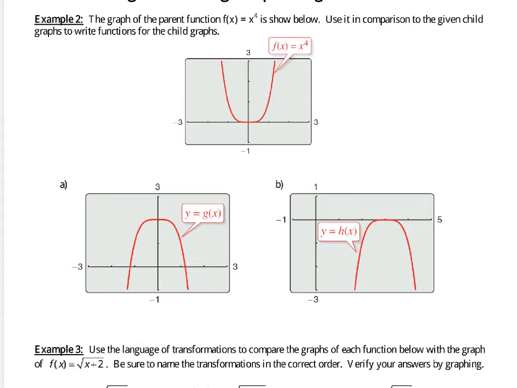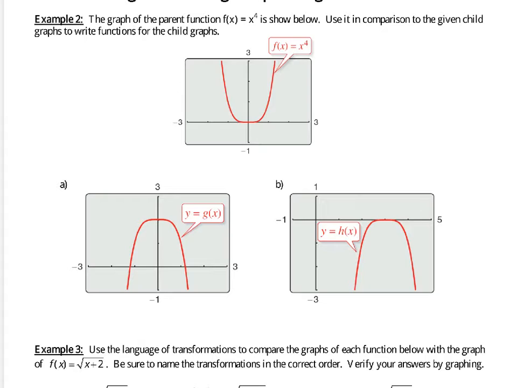So I will go ahead and note that underneath 2A. If there has been a reflection over the x-axis, recall that the y values between the parent and the child must be opposites. So the way to symbolize that would be negative f of x.